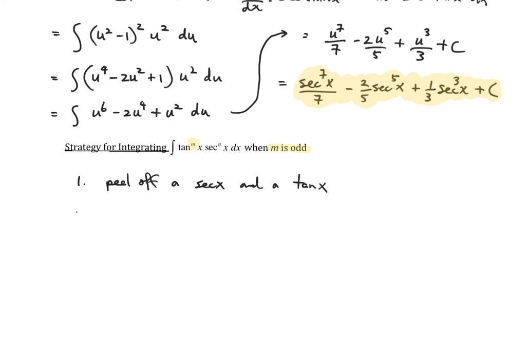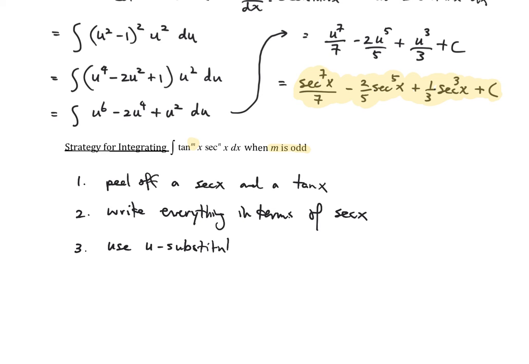The second thing we're going to do is we're going to write everything in terms of secant of x. The last thing we're going to do is we're going to use u substitution, and we're going to let u equal secant of x.